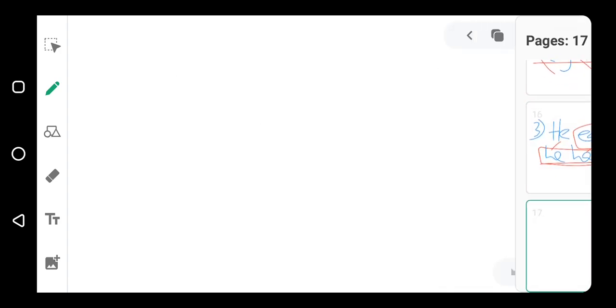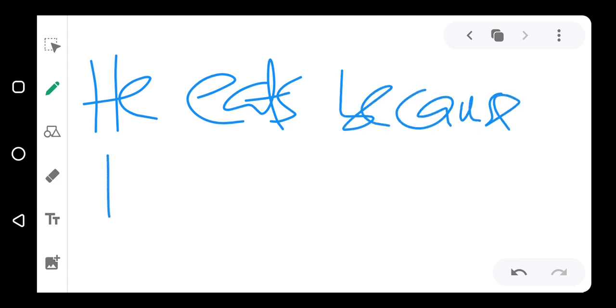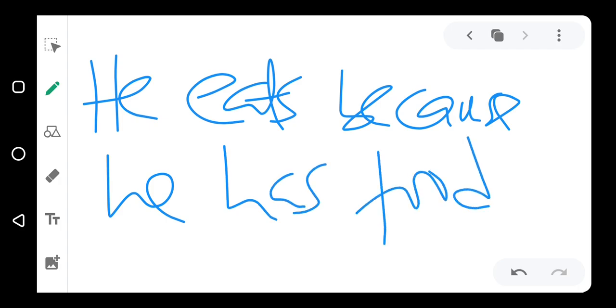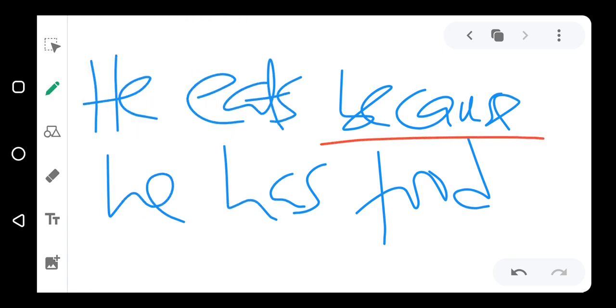In another example, if you have he eats because he has food. And this part of the sentence is marked off, because he has food.